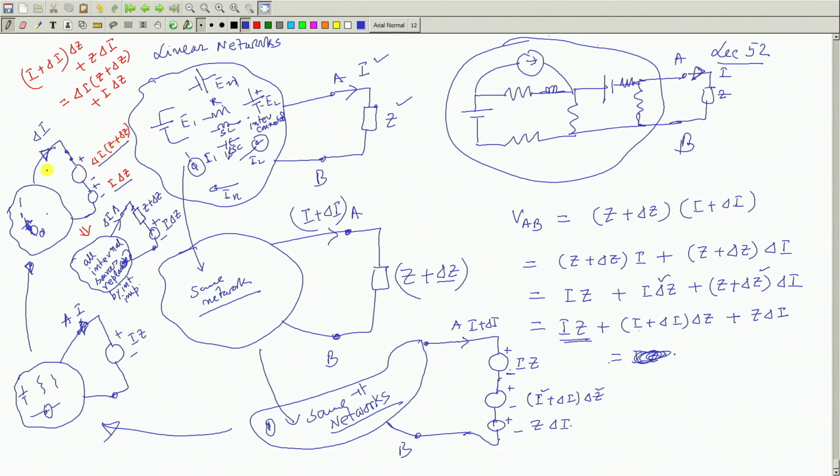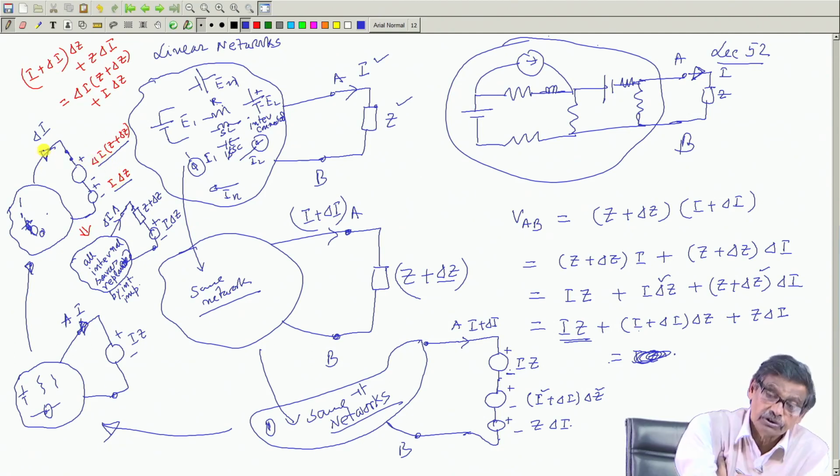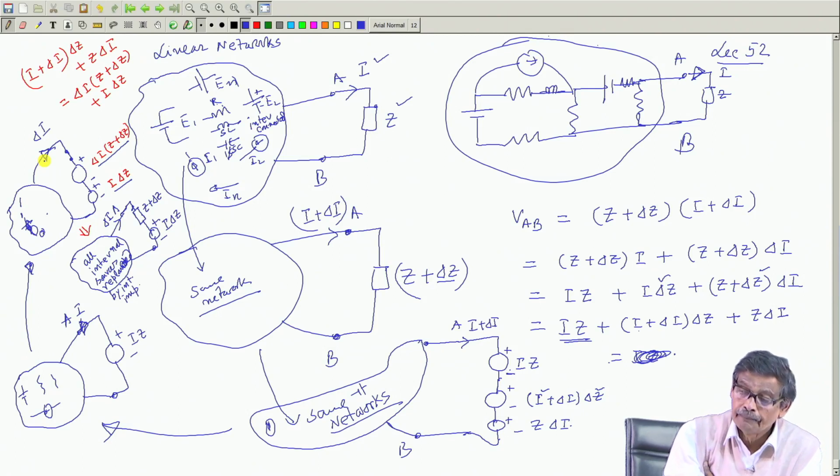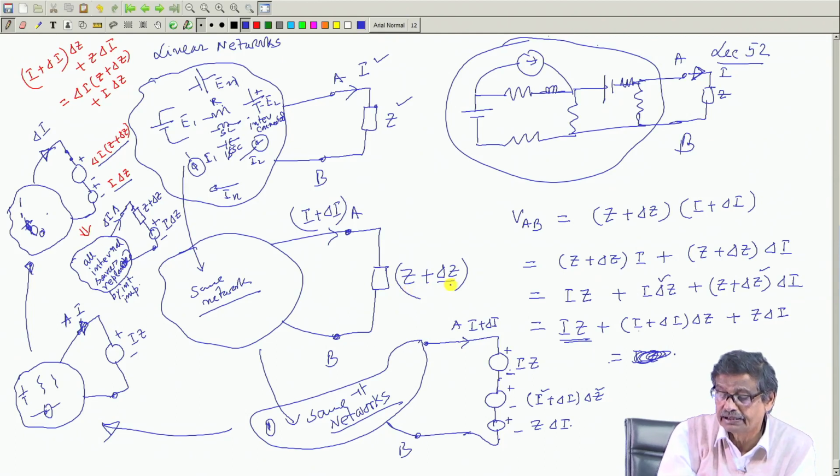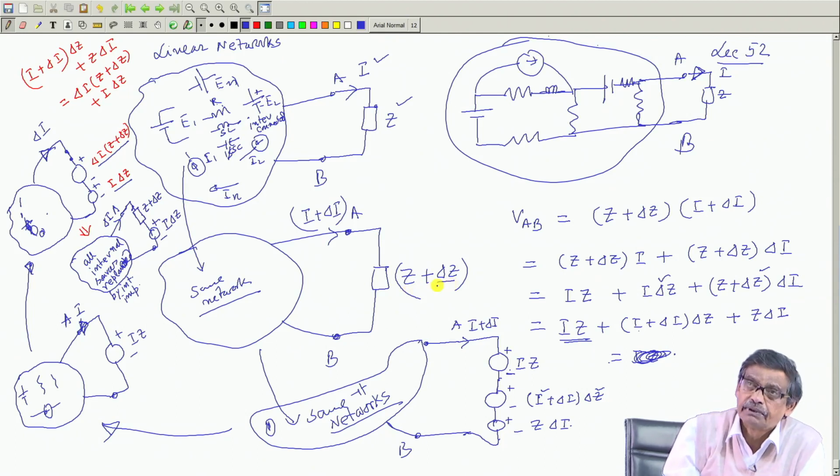So, with these two sources present, these sources must contribute delta I, that is why the superposition theorem is used. And then this delta I I will calculate, and I will add to this original current, and then say that when z plus delta z you have connected, current is I plus delta I.